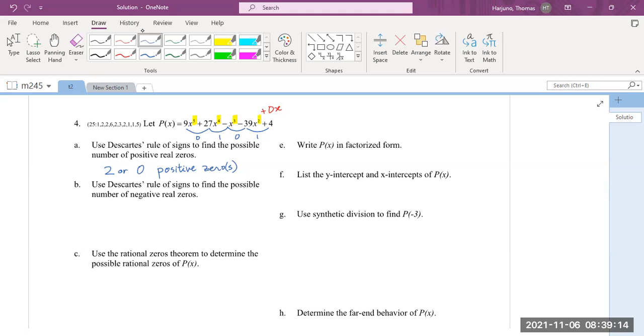How about part B? Use Descartes' rule of signs to find the possible number of negative real zeros. Now to find the number of negative real zeros, I need to replace x by negative x first. I basically reflect this function with respect to the y-axis first.